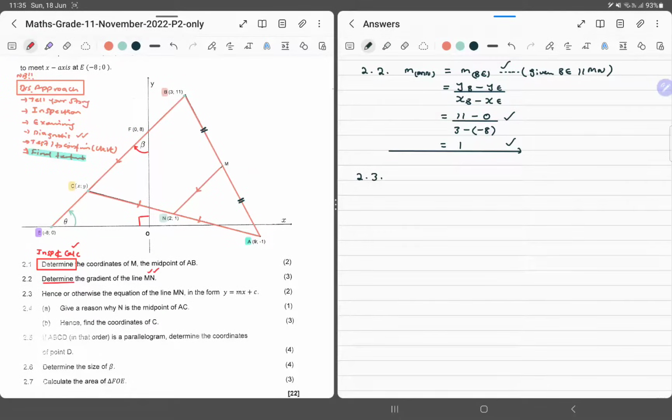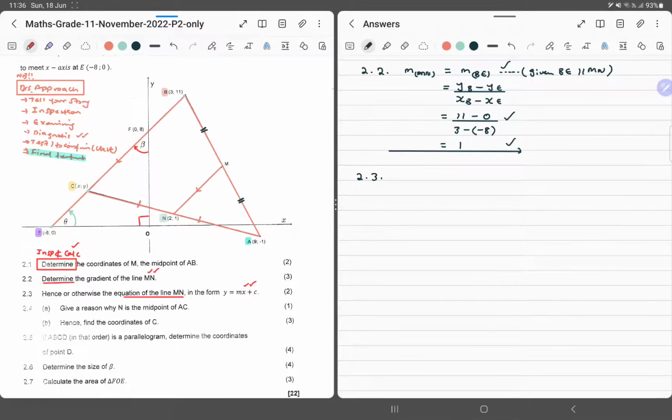2.3. So 2.3 says hence or otherwise the equation of MN. So we saw that we could do that pretty easily in the form, that means just the linear form, the standard form. 2 marks.